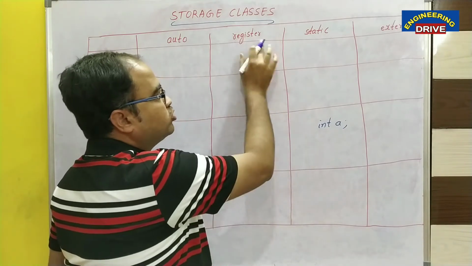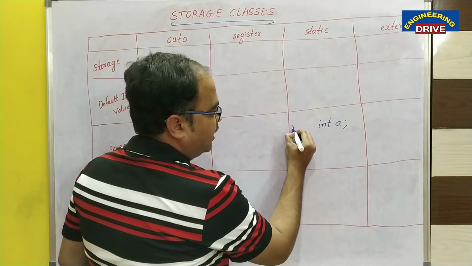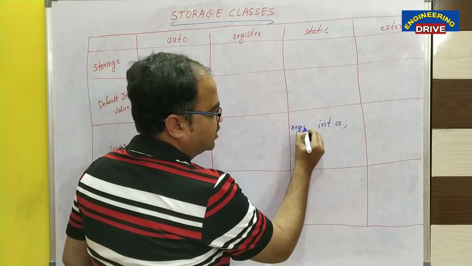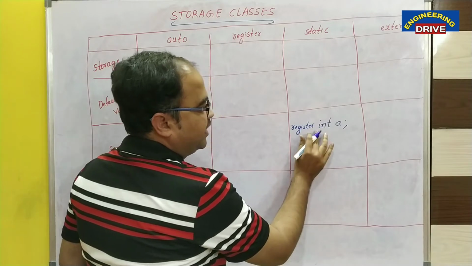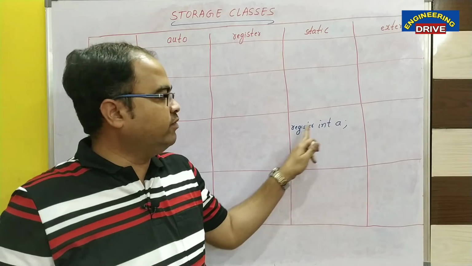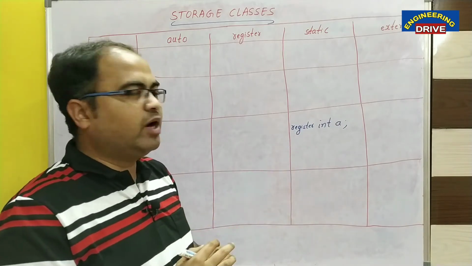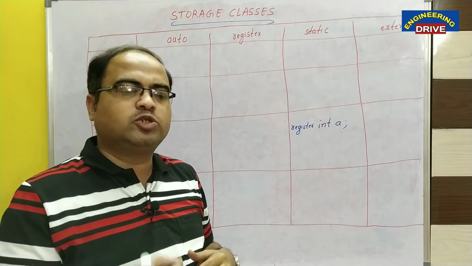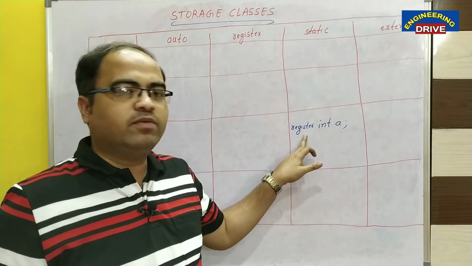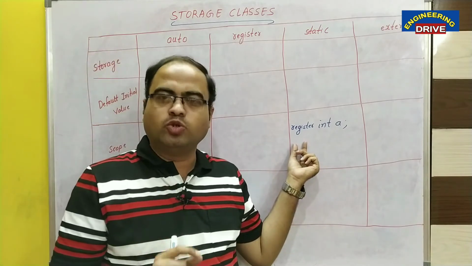Let us say I want to make use of the register storage class. Then before the data type, I need to use the keyword register, space, int A. Now this variable A belongs to which storage class? Register storage class. Now if you want to make the variable belong to the automatic storage class, remove the keyword register and write auto. That is the only thing we need to do.